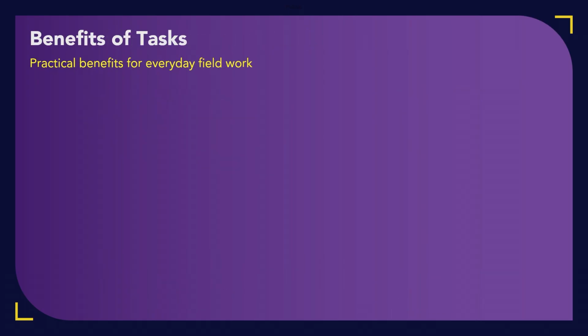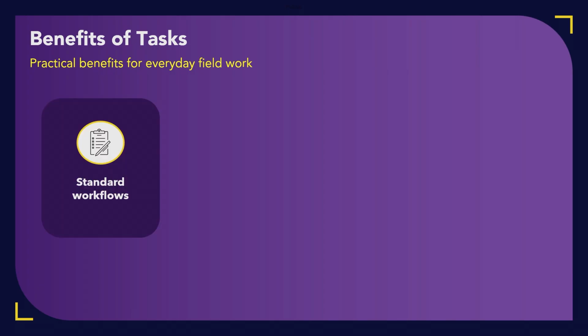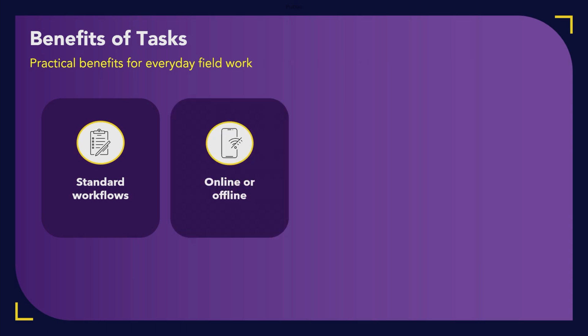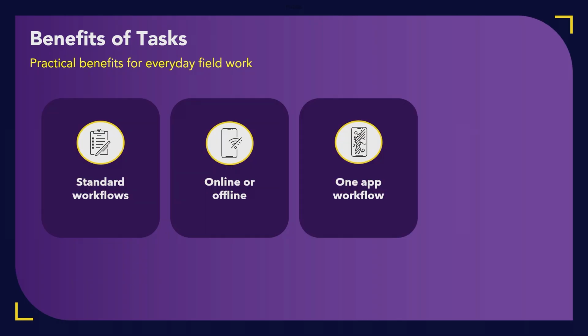So if we talk about some of the benefits, this is what I've seen with our customers using tasks. The first is consistency. Tasks introduce standardized workflows, so they're carried out the same way, regardless of who is doing it or where they are doing it. Second is flexibility. It works online and offline, so there's no rigid planning or connectivity rules to be put in place. Third is efficiency.